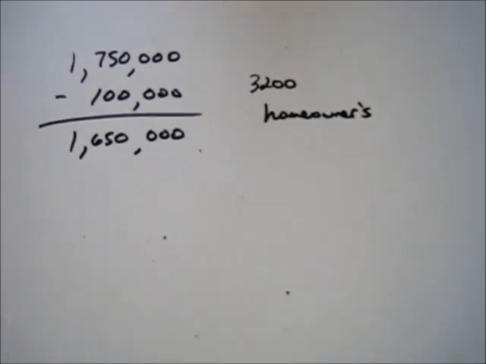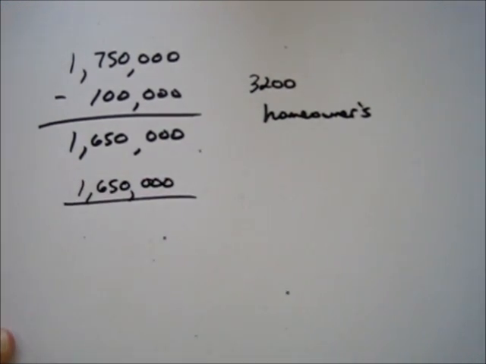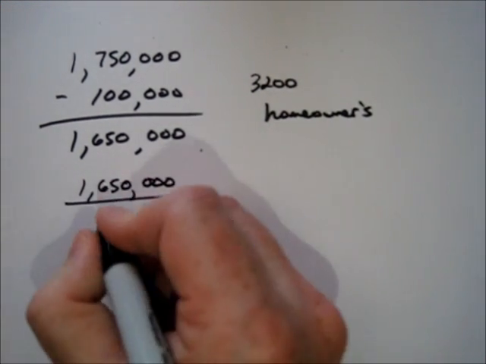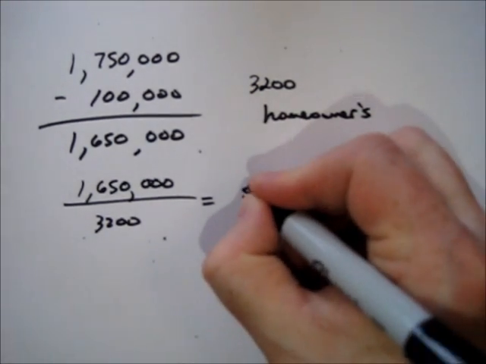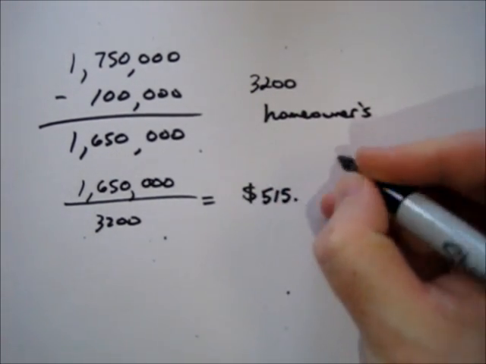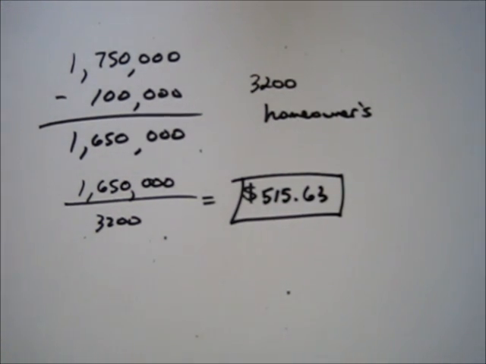If they waited till that point and said, okay, now let's build a water tower, they'd have to split the $1.65 million over 3,200 people. And so each homeowner would be charged a fee of $515.63, which I know the commissioners would get voted out of office if they waited to do that.